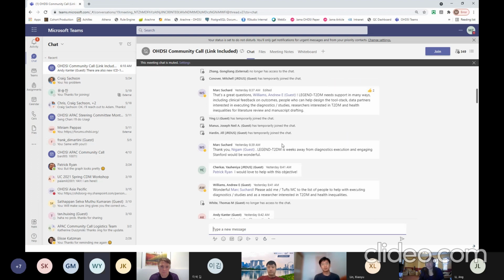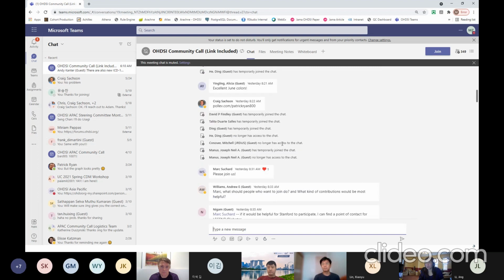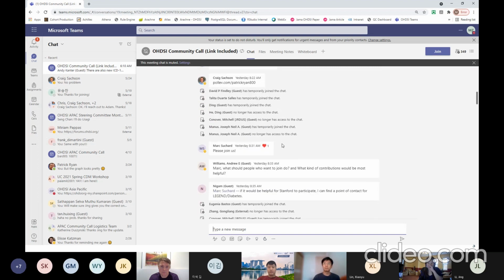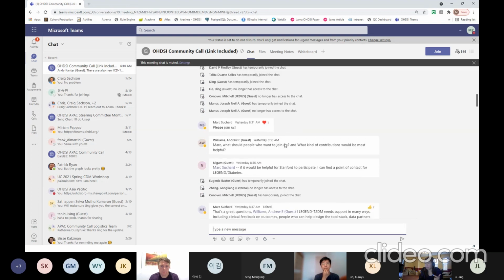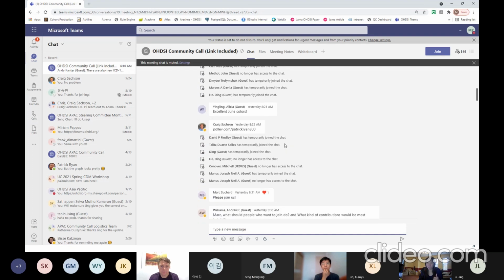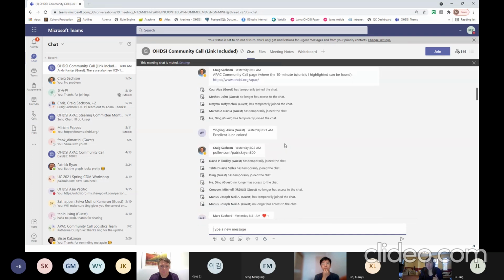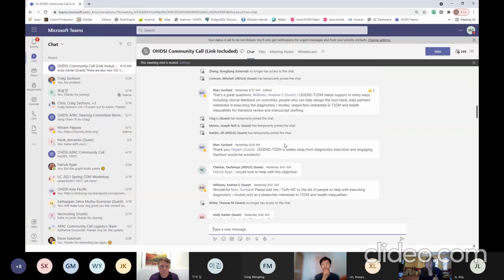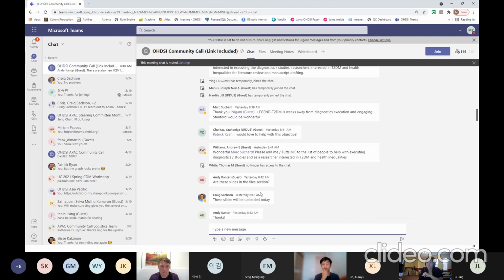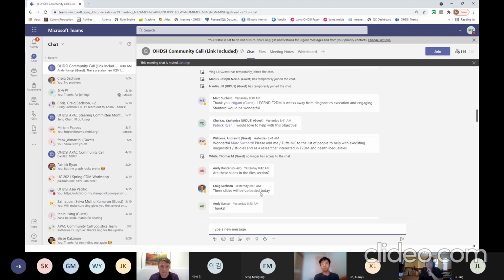The other thing they talked about is that one of the goals in OHDSI is to study three different research areas. One was COVID. I can't remember what the second one was, but the third one is health inequality. If you go to the OHDSI community page, you'll see all this chat in there.